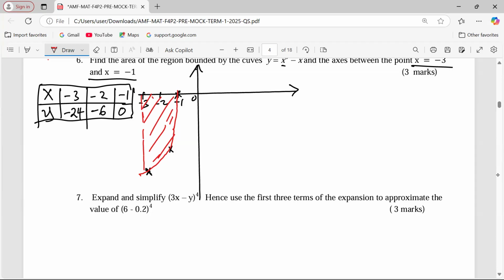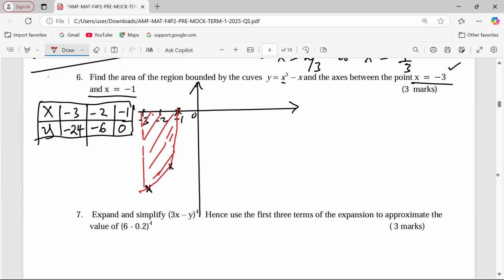There are some times whereby, with given limits of x, the area that we are talking about is going to lie within the lower side of the x-axis and also the upper side of the x-axis, such that it is split into 2. For example, area that behaves this way. From this value, area can be here.